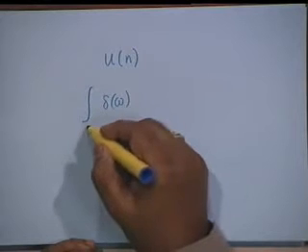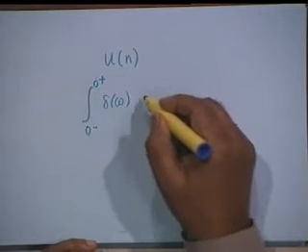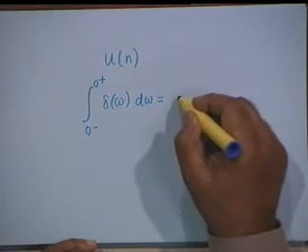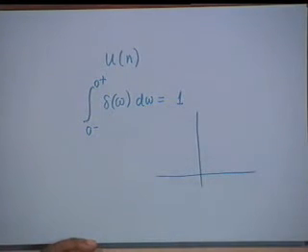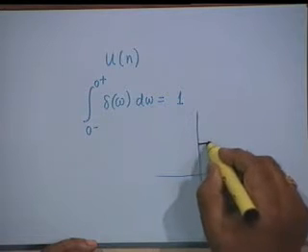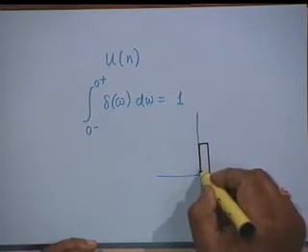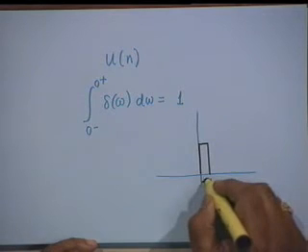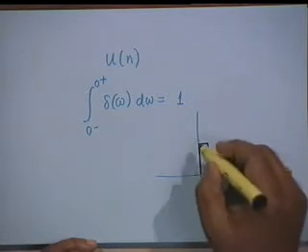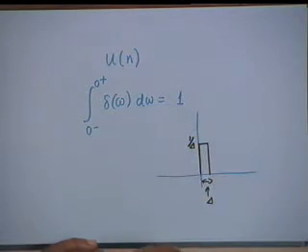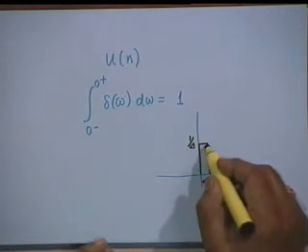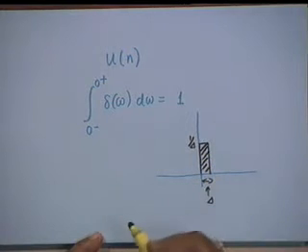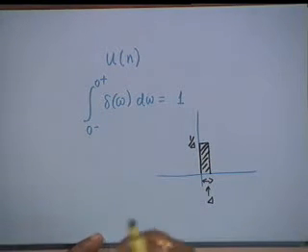As you know, the analog delta function is defined by the integral from 0 minus to 0 plus of delta omega d omega equal to 1, and delta omega is nothing but the limit of a square pulse whose duration is delta and whose amplitude is 1 by delta, so that the area under the pulse is unity.